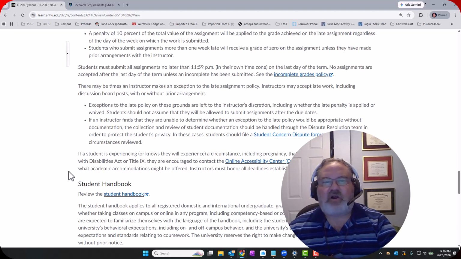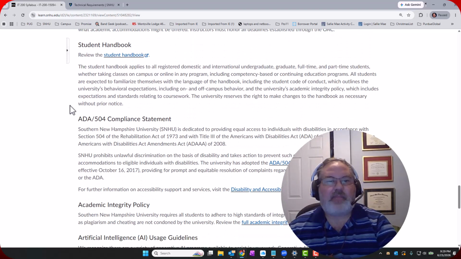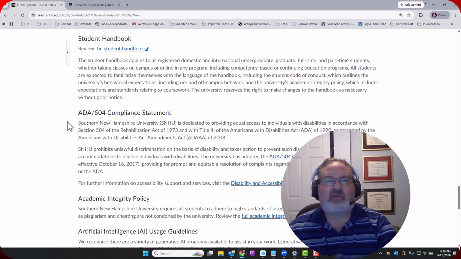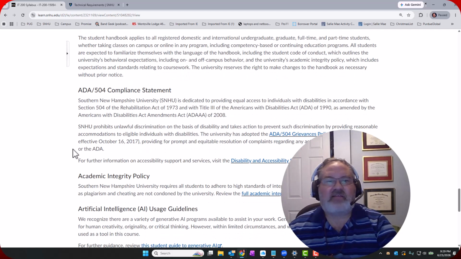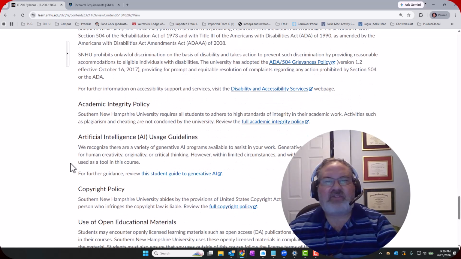Instructors must honor all deadlines established through the OAC. It talks about the student handbook. You can get the link to the student handbook, ADA or 504 compliance, and it talks about that. If that's something that applies to you and you want to take advantage of that, you can go ahead.